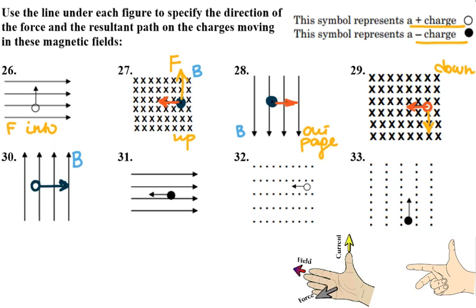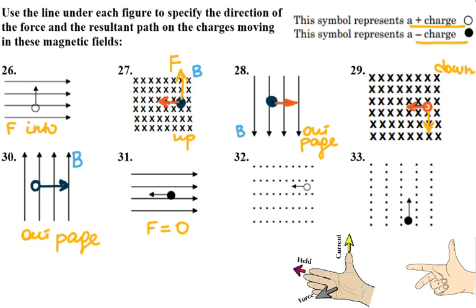So if the force is acting out of the palm, then the force is out of the page. And for the next one, the magnetic field lines and the negative charge are parallel, so they're not at an angle, so the force is equal to 0.